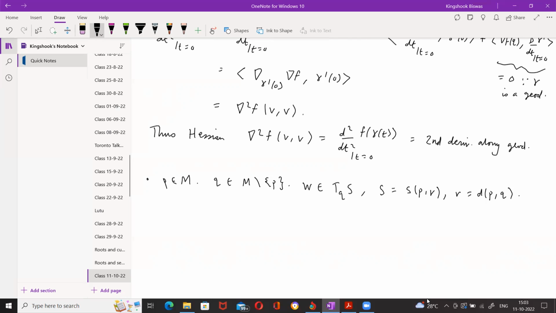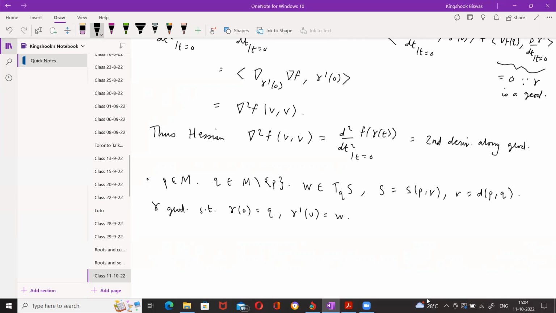Okay, and let me choose gamma a geodesic such that gamma 0 equal to Q, and gamma prime 0 equal to W.